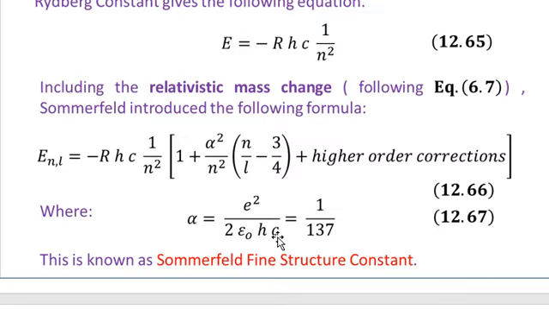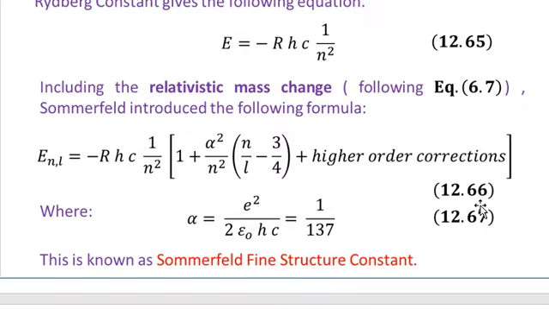Because all these are constants, if you put the value of the charge of electron, the free space permittivity, the value of h bar and c, then you will get this value equal to 1 over 137. So this is a dimensionless constant and is known as the Sommerfeld fine structure constant.